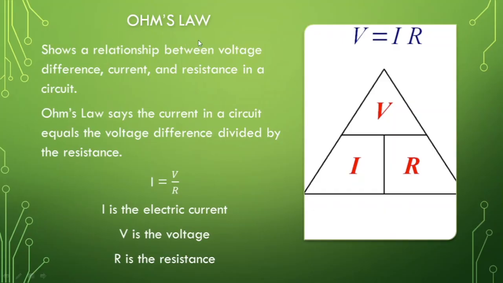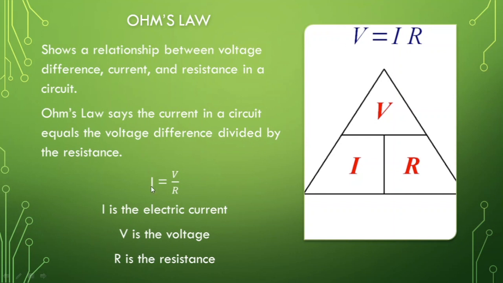Next topic is Ohm's law. Ohm's law shows the relationship between voltage, current, and resistance in a circuit. What it states is that the current in a circuit equals the voltage divided by the resistance.